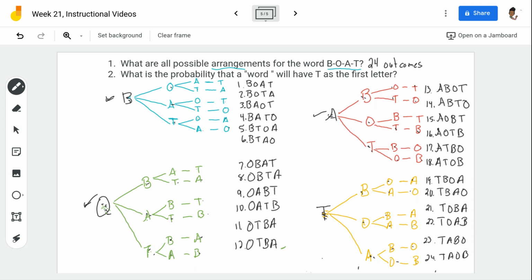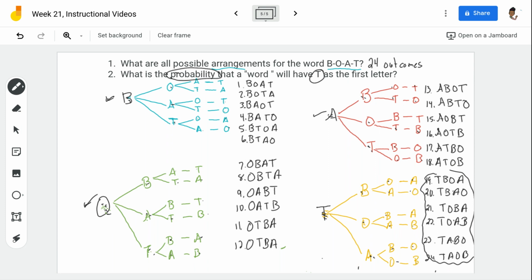Now, number 2 says, what is the probability that a word will have a T as the first letter? Well, if we look, all of these right here have the letter T. So that is 1, 2, 3, 4, 5, 6.